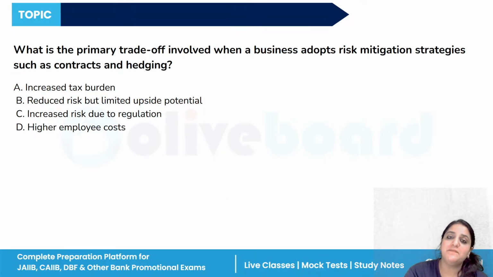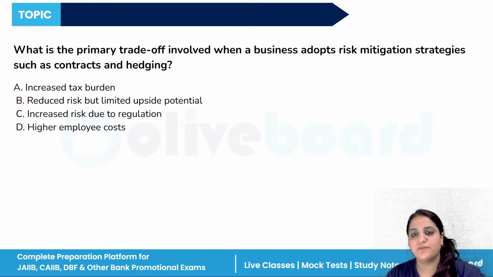What is the primary trade-off involved when a bank adopts risk mitigation strategies such as contracts and hedging? Just a second, give the answer to this question.